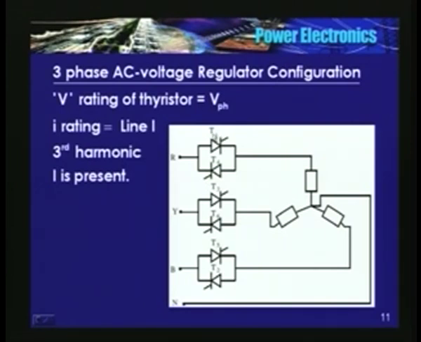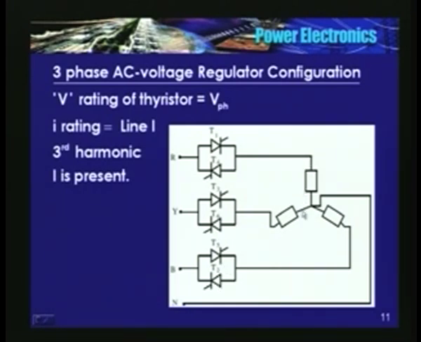See, numbering is the same as what we did in 3-phase AC to DC converters, 3-phase bridge: T1, T4, T3, T6, T5, T2, or say T1, 3, 5, 4, 6, 2. Okay.